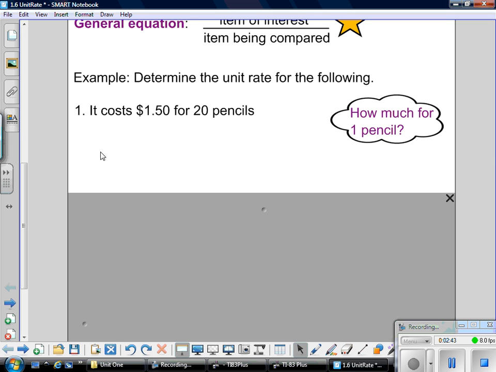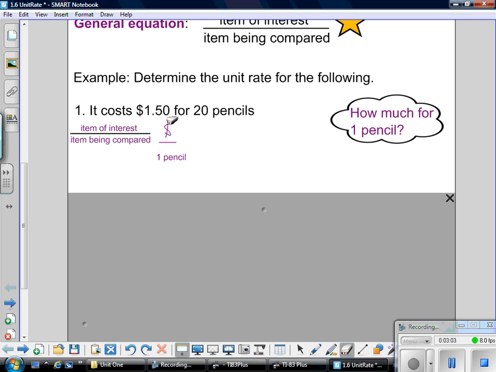So the item of interest is the dollar amount for one pencil.